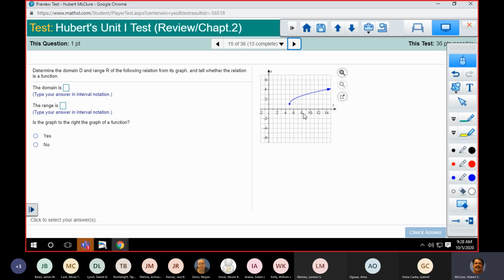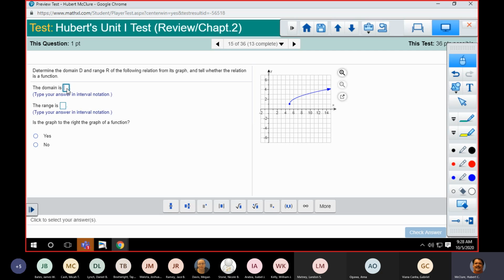All right, what's the domain of this function? And they want you to write it in interval notation. From 5 to infinity. What goes on the 5? A square bracket.